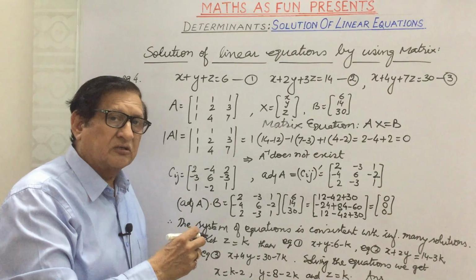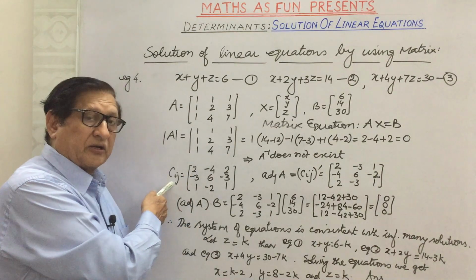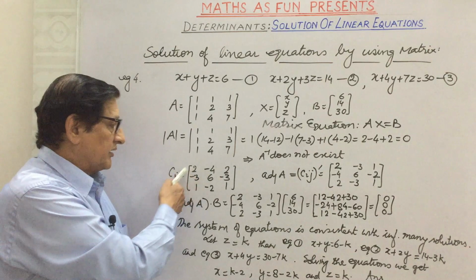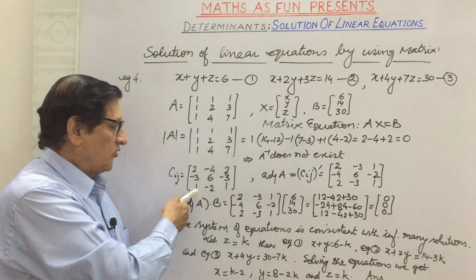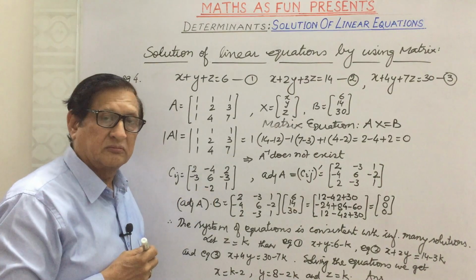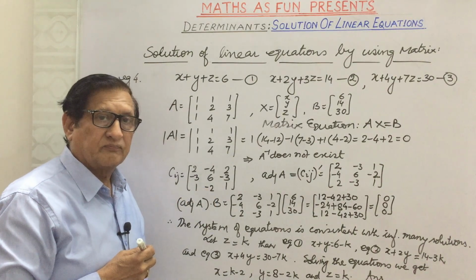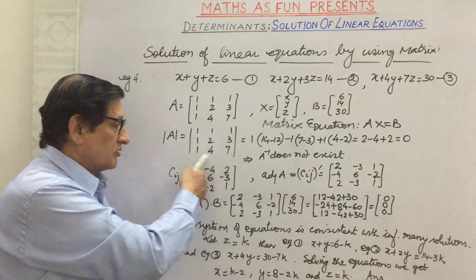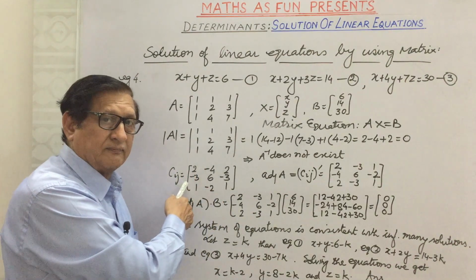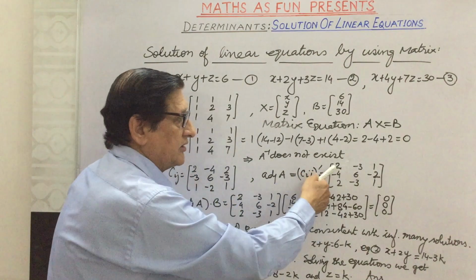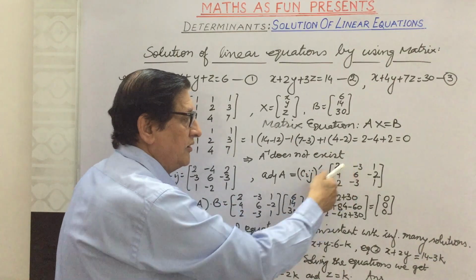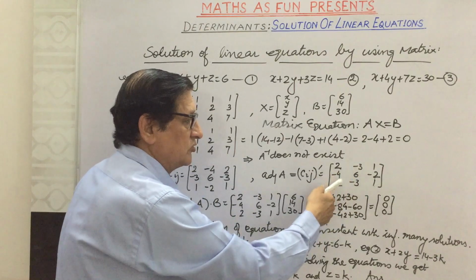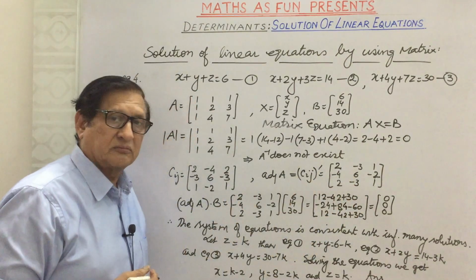To find adjoint, first we have to find out the cofactor matrix Cij, that is 2 minus 4 2, minus 3 6, minus 3 1, minus 2 1. Then adjoint A we know is the transpose of this Cij, and that we are finding here, that is the elements in row wise are 2 minus 3 1, minus 4 6, minus 2 2, minus 3 1.